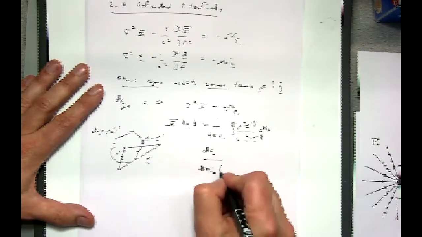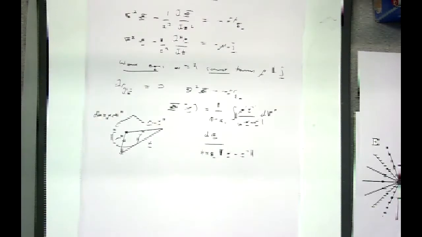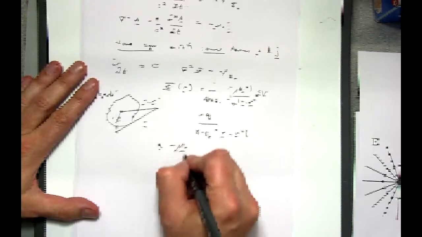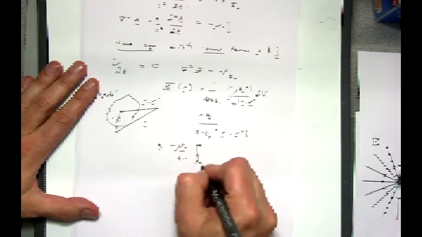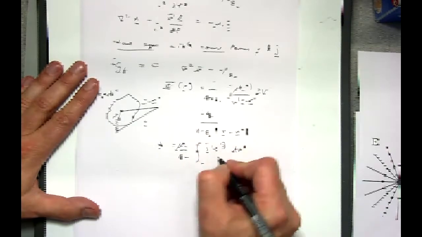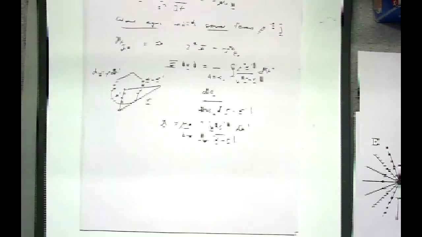It should be the magnitude of r minus r primed. Okay, so we've seen that before. And obviously the vector potential looks just the same: mu naught over 4 pi, integrate over the volume dv primed, j of r primed over the magnitude of r minus r primed. Okay. Now we have a time-dependent case.